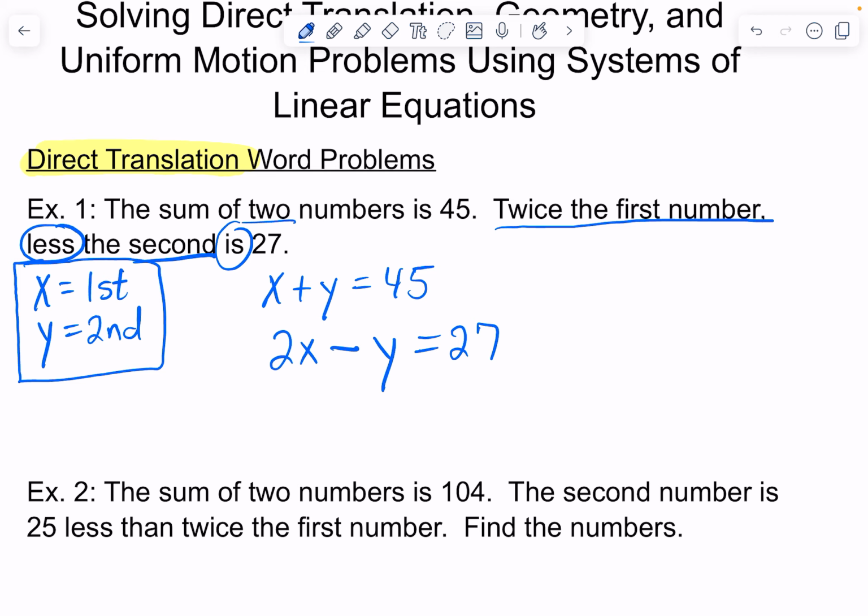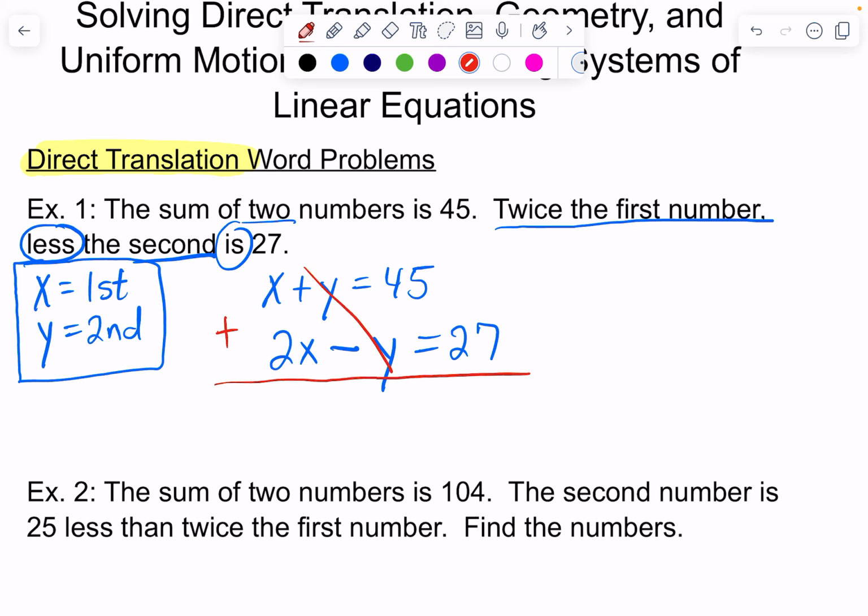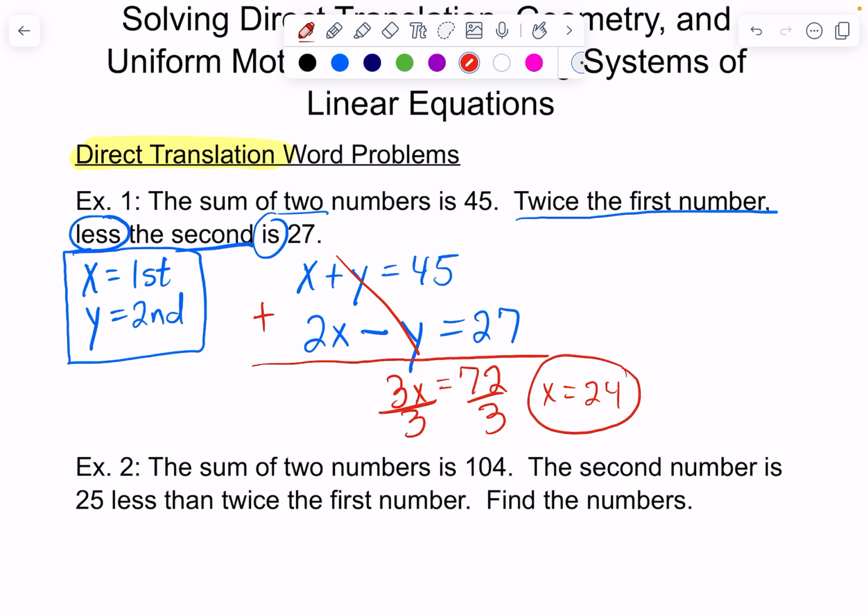You have my system. I'm going to solve this by elimination because it is already in standard form. So I'm going to add these two together. The y's cancel. I've got 3x is equal to 72. Divide 3 to both sides. And x is 24. And now we know how to solve for y.